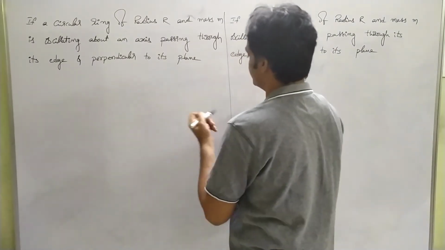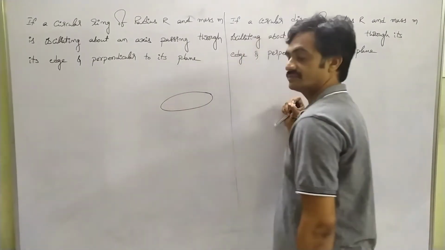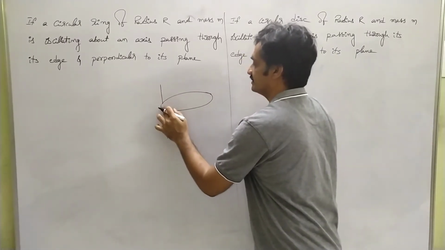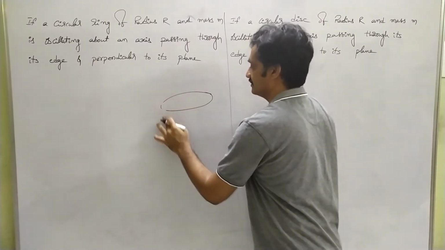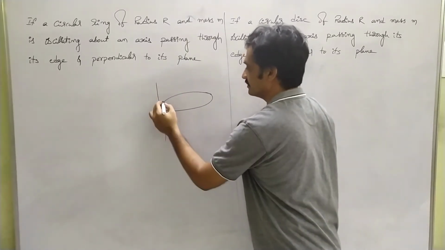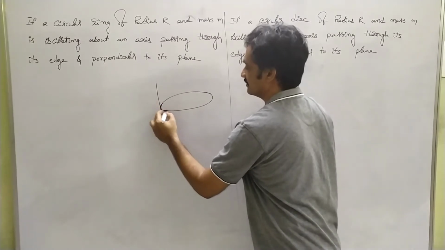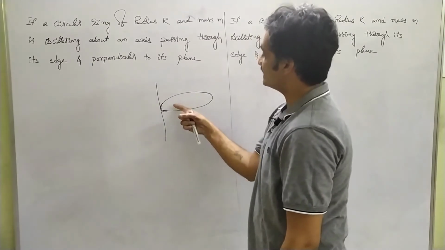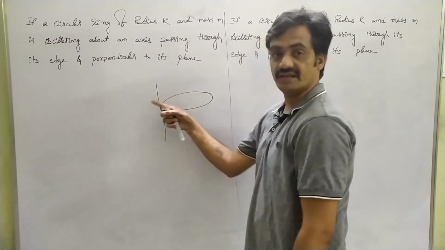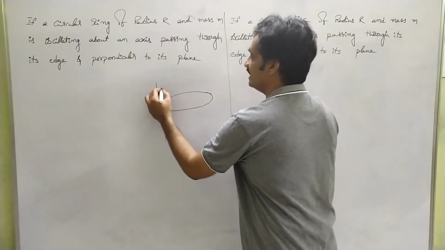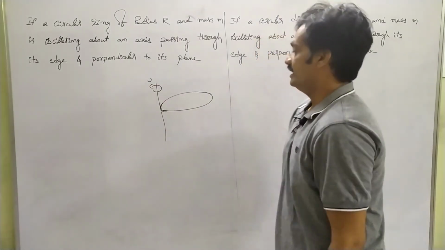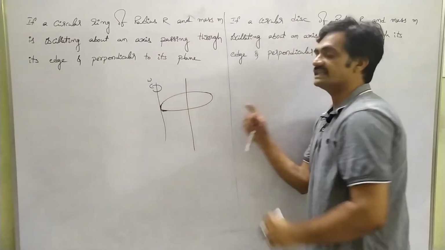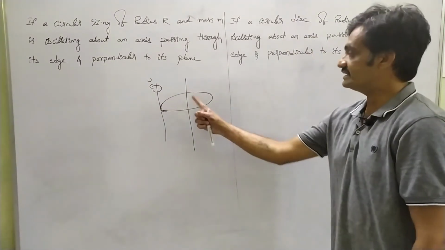So here I am going to consider a ring, whereas the ring is oscillating about this axis which is at the edge and perpendicular to the plane. Now we have to consider the axis which is passing through the center of mass of this ring.